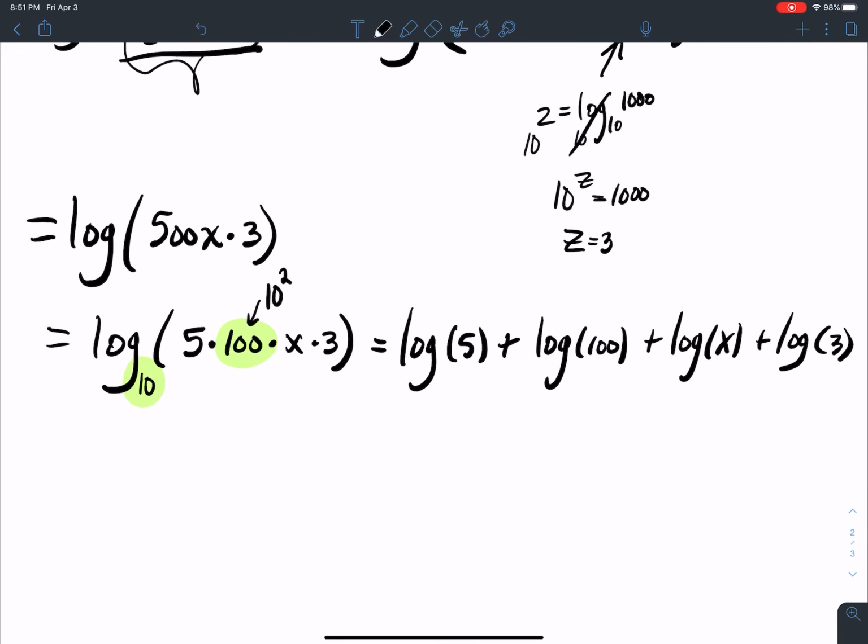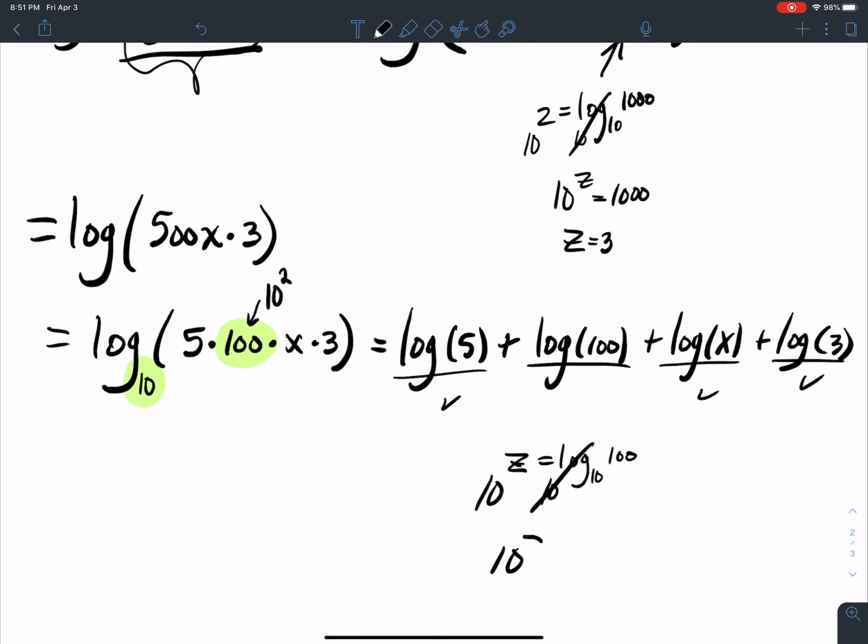And what can I do? This is done, and this is done. But this one right here, okay, log of 100, this one can simplify. Why? Let's try it. So just let z equals log base 10 of 100, right? Base 10 when there's no base. Raise both sides to the 10 power.